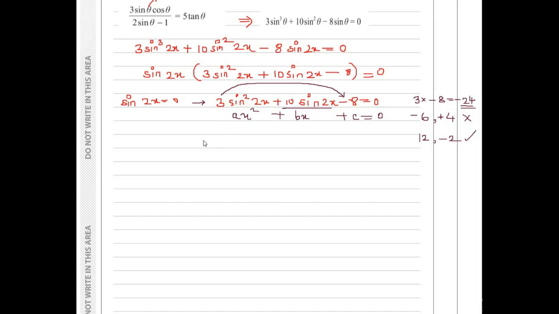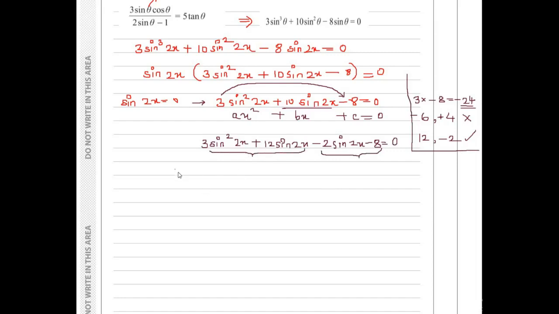So we write it as 3 sine square 2x, then in place of 10 sine 2x we split it as plus 12 sine 2x minus 2 sine 2x, minus 8 equals 0. Now we factorize further by taking out the common terms.